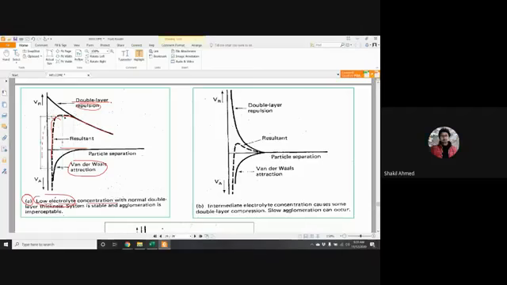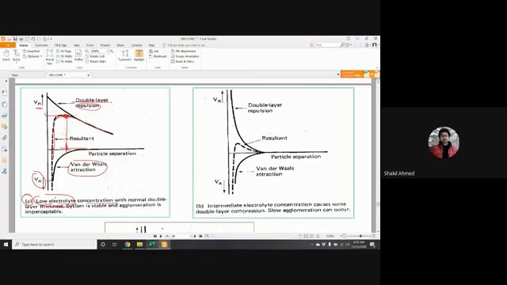At larger distance the resultant is positive, and positive means repulsion. But at a smaller distance, attraction dominates. Clear?